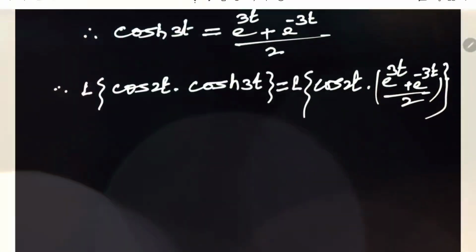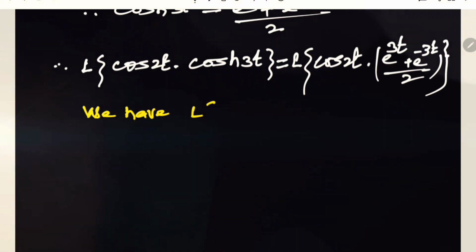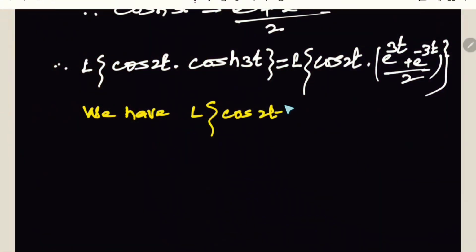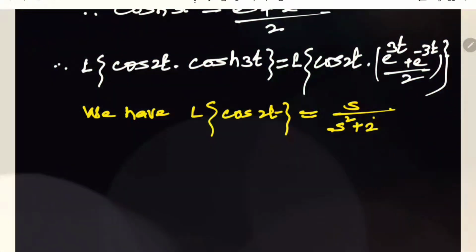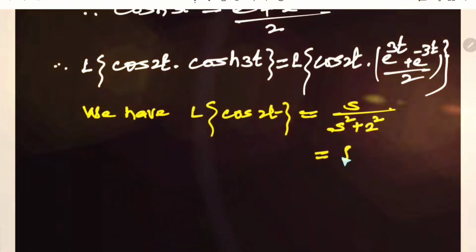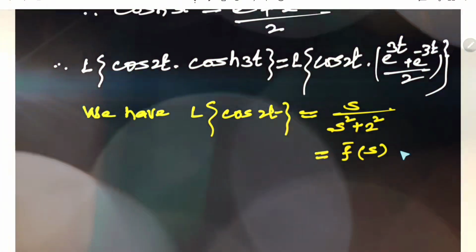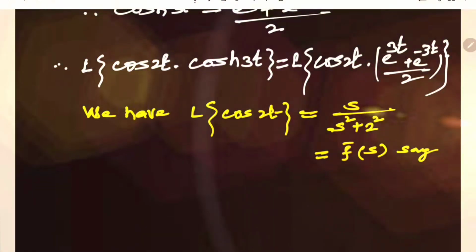Then splitting it, 1 by 2 we take outside, and here function is f of t as cos 2t whose Laplace is known, or we can obtain it as s upon s square plus a square. A is here 2, means 2 square. That is s upon s square plus 4 as f bar of s.